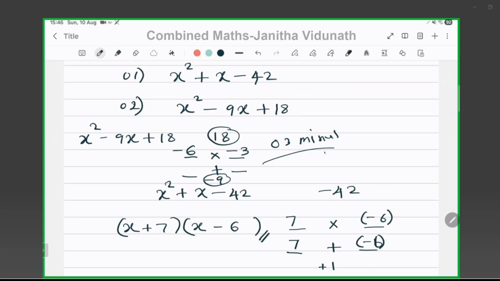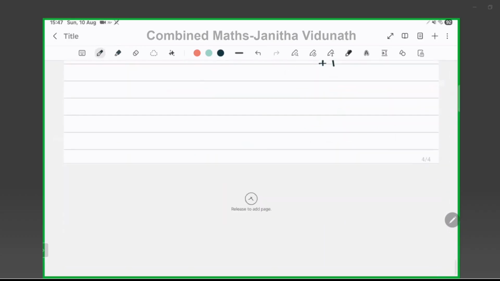When we multiply minus 6 and minus 3, we get plus 18. When we add minus 6 and minus 3, we get minus 9. Then the 2 factors are x minus 6 and x minus 3. These are the 2 factors of the quadratic trinomial.